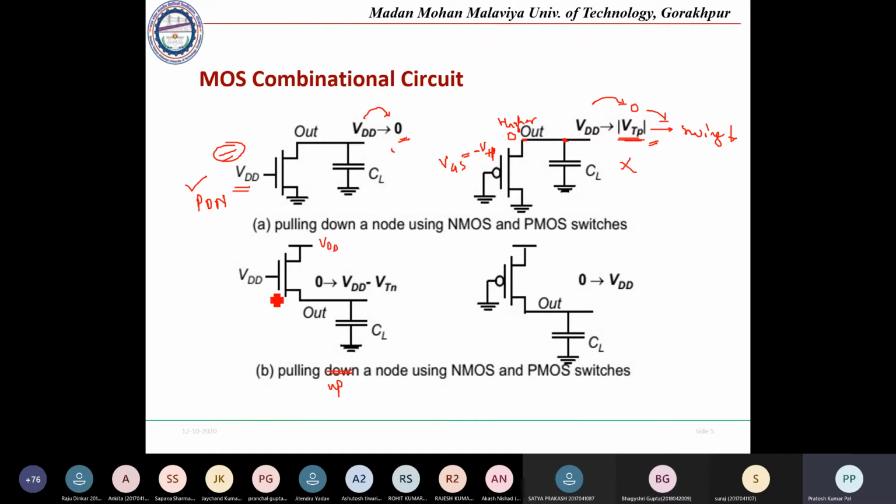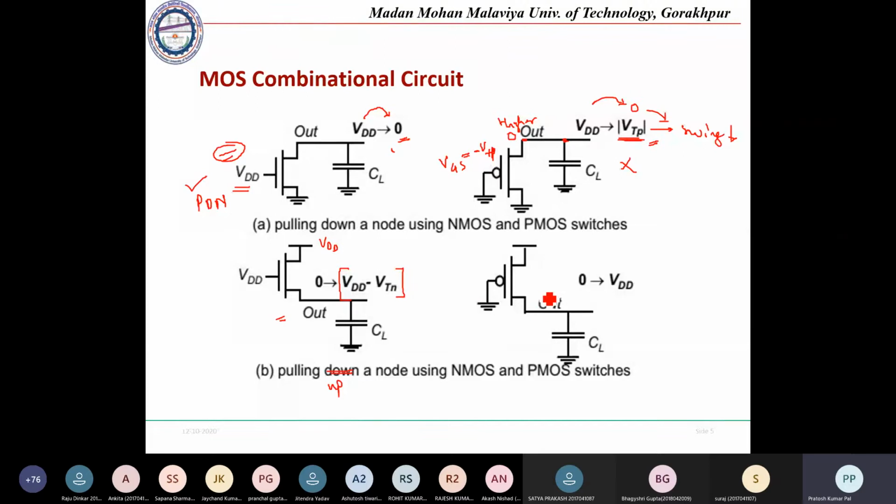Output is switching from 0 to the higher voltage, and that higher voltage will always be VDD minus VTN in case of NMOS transistors.